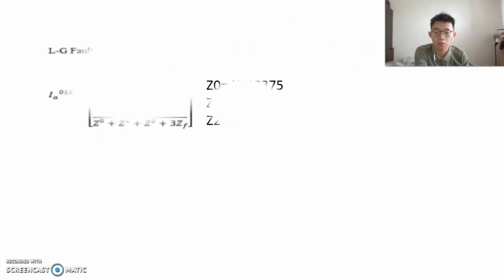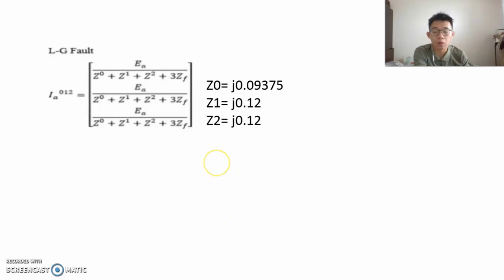After obtaining all the impedance values for each circuit, now we just substitute the values into the formula given. For question A, the question wants us to find the line to ground fault. So we substitute the values we obtained just now into the formula in order to obtain the symmetrical components for current.